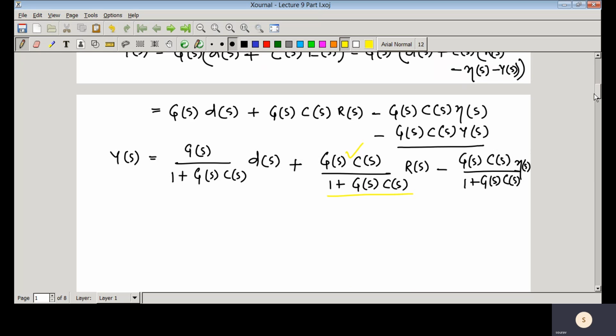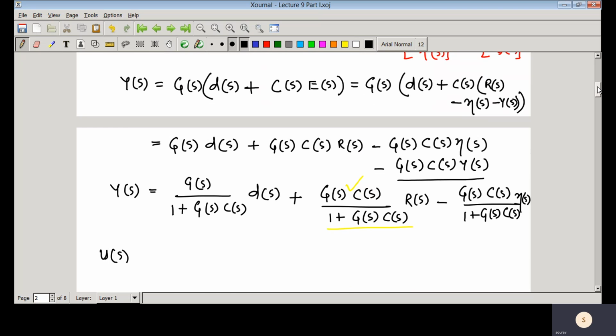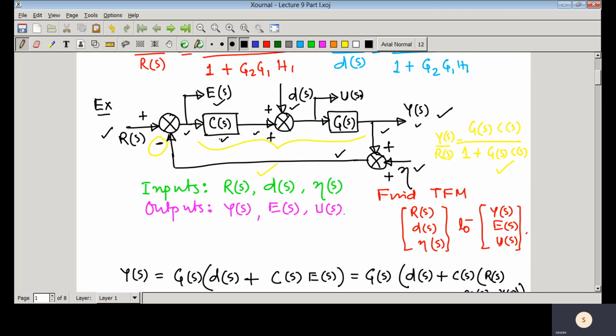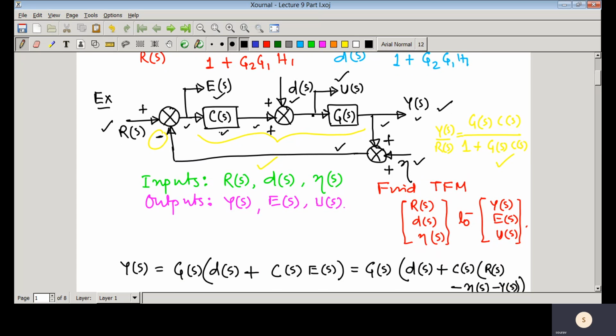Now let us see what are the other transfer functions. That means what is US. So now US is here, that is the control input. So US equal to DS plus this signal.